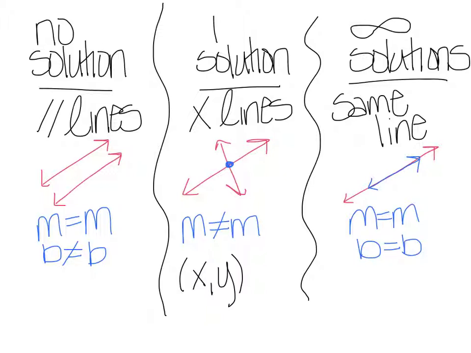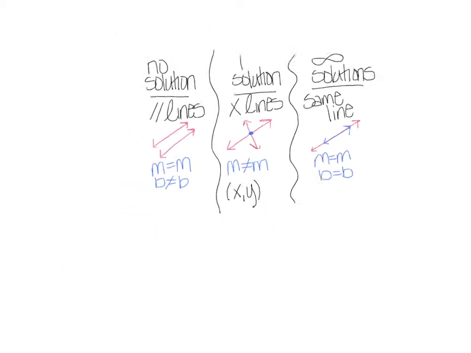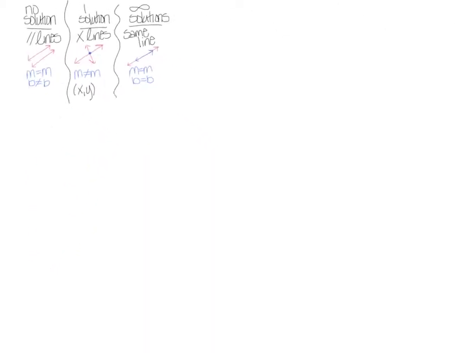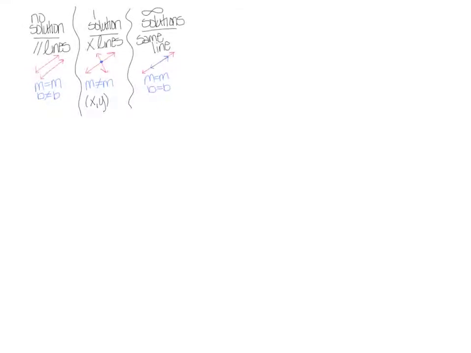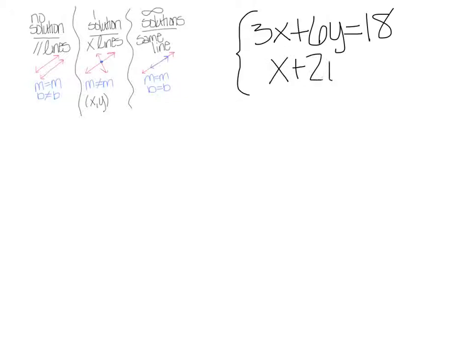So let's take a look at one of each of these possible scenarios in an example. All right. So let's take a look at this system of equations. We have 3x plus 6y equals 18 and x plus 2y equals 6.